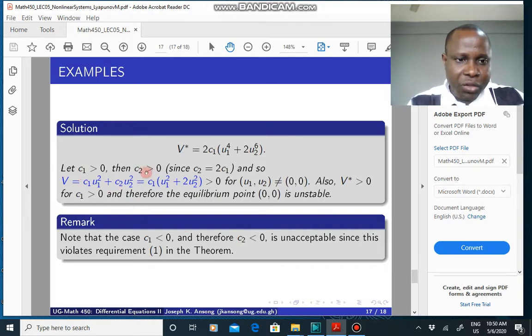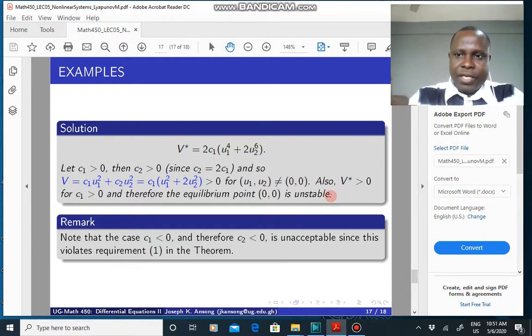So when C1 and C2 are positive, the Lyapunov function will also be positive, which is good because that's what we need. And V star will also be positive. But if the total derivative is positive, then by the theorem, the equilibrium point (0, 0) is unstable. All right? So it's unstable.